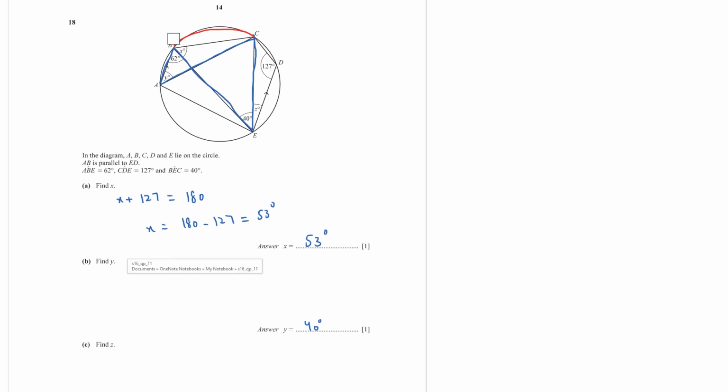Part C is find z. So let me just erase this. If you look at these two parallel lines, AB and DE, this 40 plus z and this 62, these are two alternate interior angles. So let me highlight the relevant lines here.